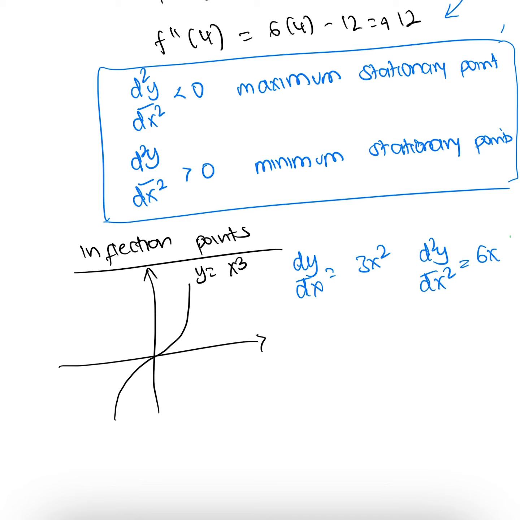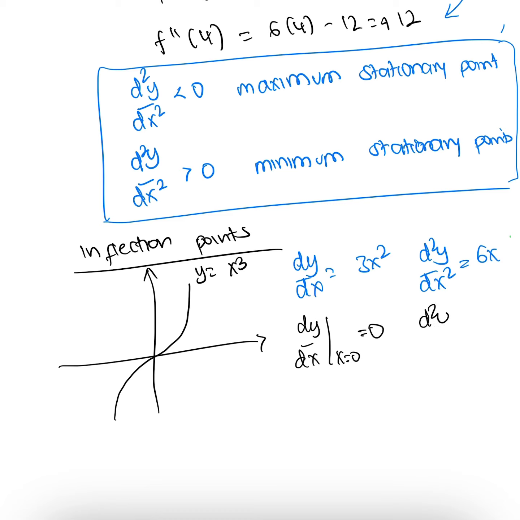However, dy by dx at the point where x is 0 is 0, right? So based on our talk of stationary points, that should be either a maximum or a minimum. But does it look like a maximum or a minimum in the curve? No, it does not. So what's the nature of this point?